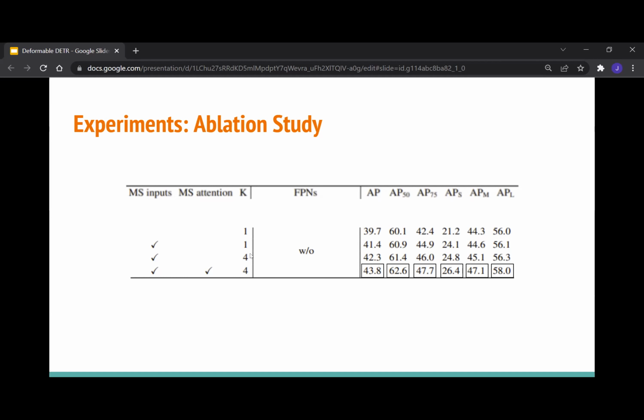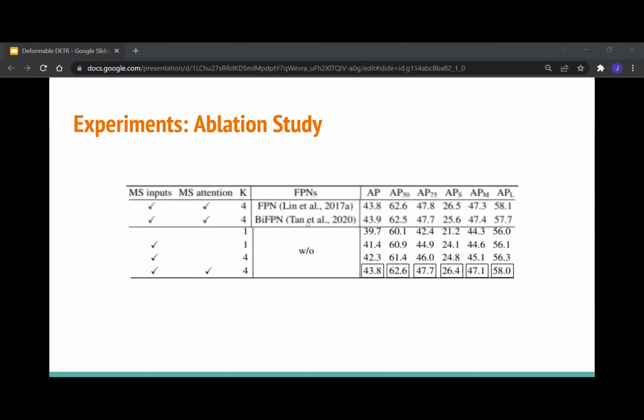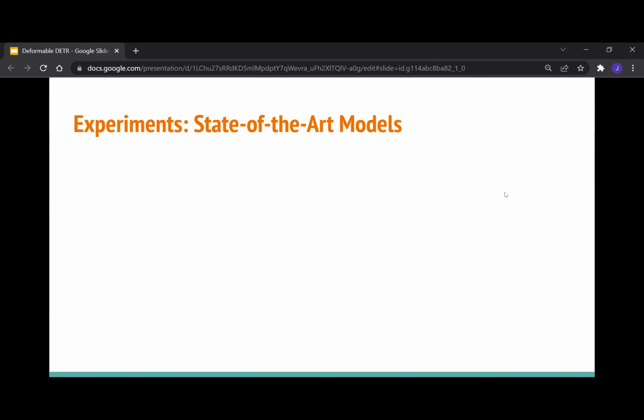And then changing the number of key sampling points, and then finally going to MS attention, we reach the accuracy that we obtained earlier. And then as Tristan mentioned earlier, FPNs are not used. We're not featuring them in the key experiment because there was very little increase in accuracy, if at all.